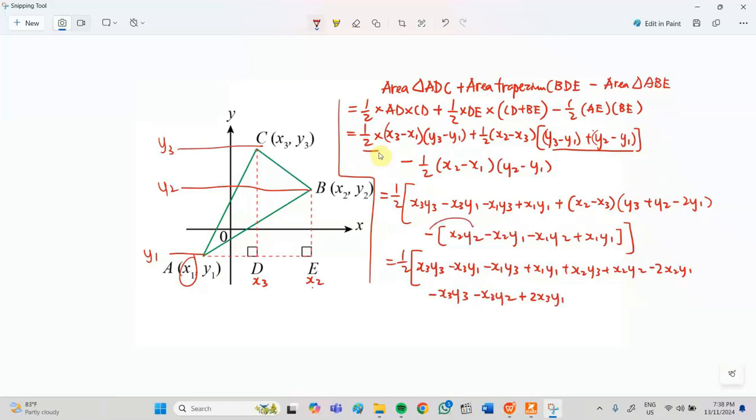And here, this minus will apply to all the terms inside here.